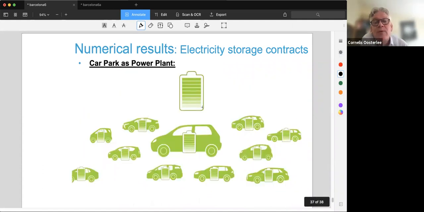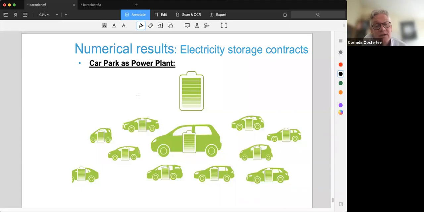And in the paper, we also have the car park as a power plant. So we have a power plant, we have a car park full of electrical vehicles, and the utility may decide to release energy at night, for example, or to store energy in a huge car park. And of course, at the end of the day, a constraint has to be met.